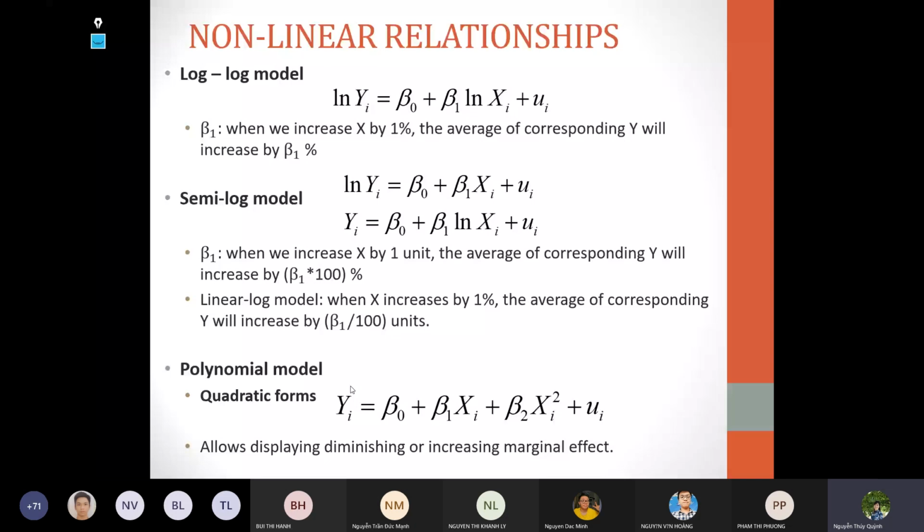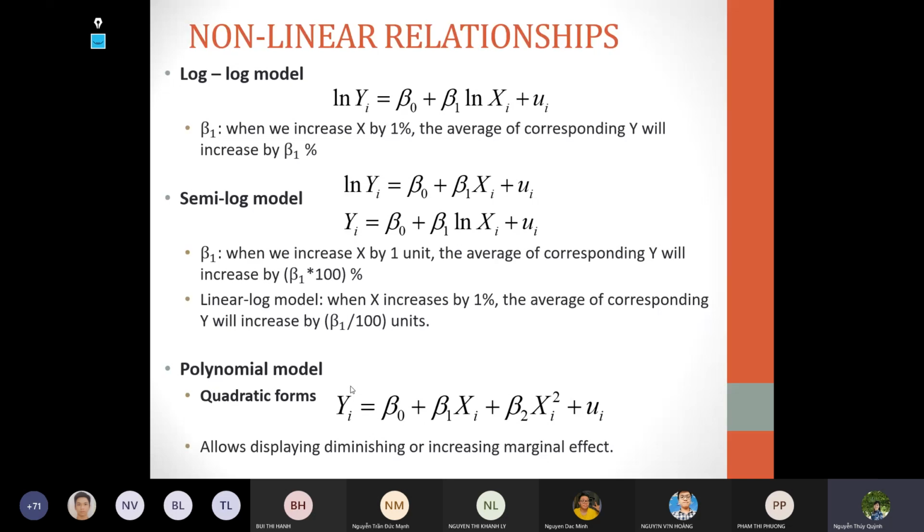When x increases by 1 unit, y will always increase by beta 1 units on average. But for a nonlinear relationship, the rate of change of y is not a constant number. In other words, the marginal effect of x on y is not a constant.